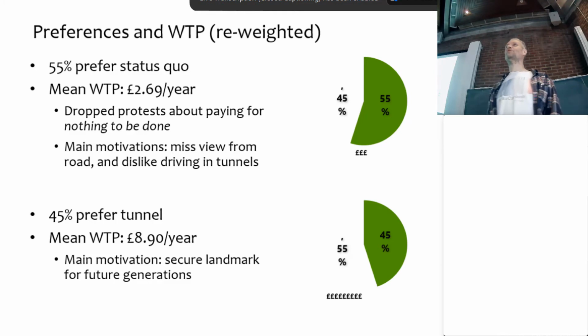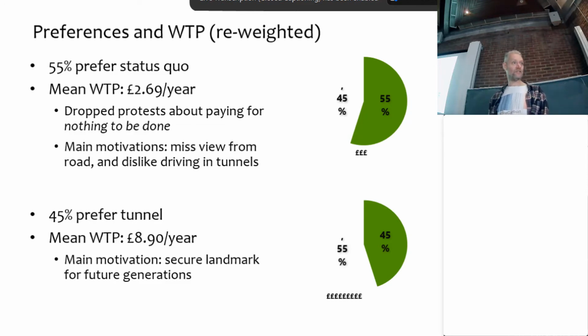So there is an attachment to these roads, and they're actually prepared to pay a tax not to do anything. Slightly inconsistent, right? Because it doesn't cost anything, but they were nonetheless willing to pay. That said, the 45% that did prefer to pay for the tunnel were prepared to pay on average £8.90 per year.